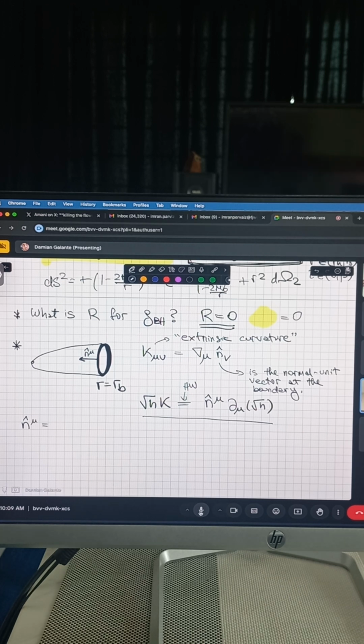Because the normal vector of a constant r surface should just point in the r direction, or minus r, I don't know. We need to normalize this properly. I'm going a bit fast, because if not, I will not get to the end. It's clear that the normal vector to a constant r surface points in the r direction.